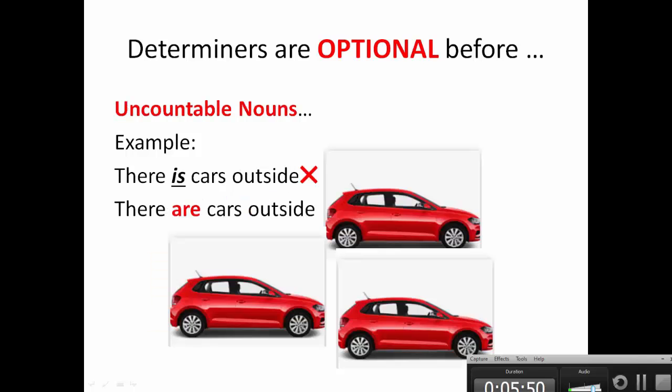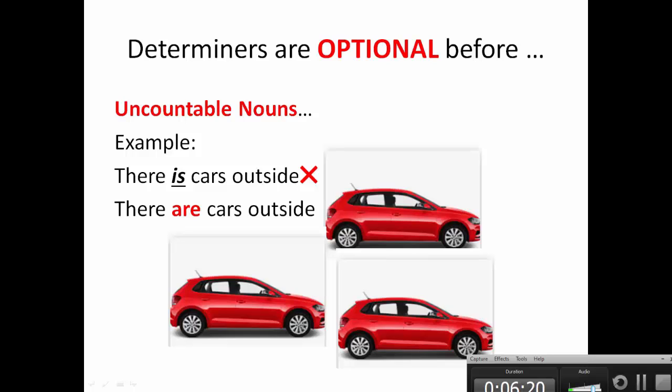Determiners are optional before uncountable nouns. Remember, it's optional. Example, there is cars outside.